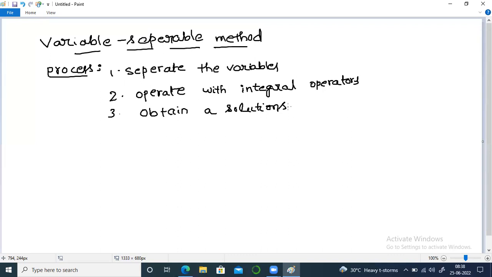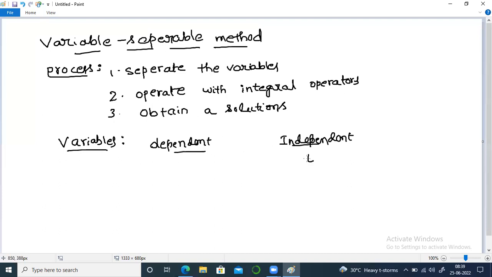But before that, we should be very clear about variables, which I already mentioned in the beginning video. There are two: one is the dependent variable, the second is the independent variable.